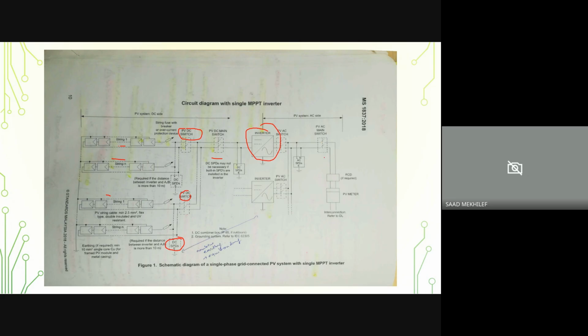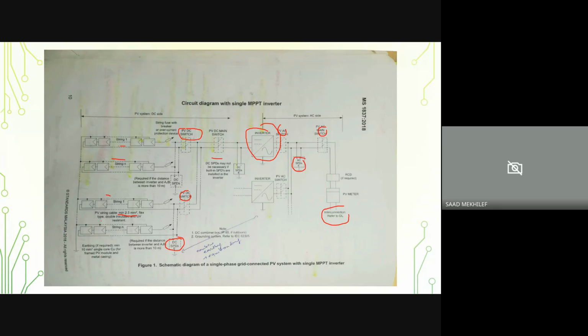From the other side, you have AC protection circuits and PV circuits, and then you can connect to the PV meters, and then connect to the grid.